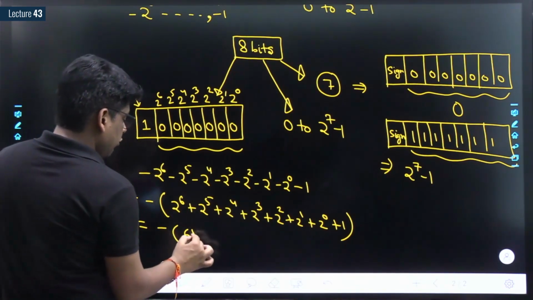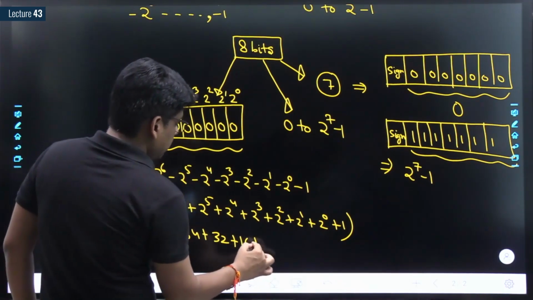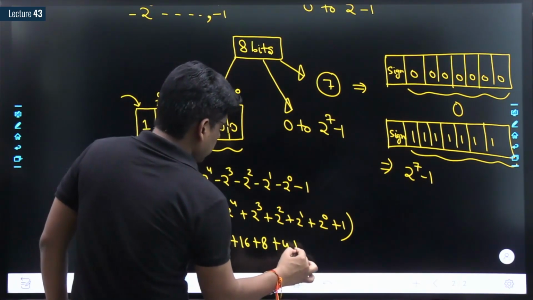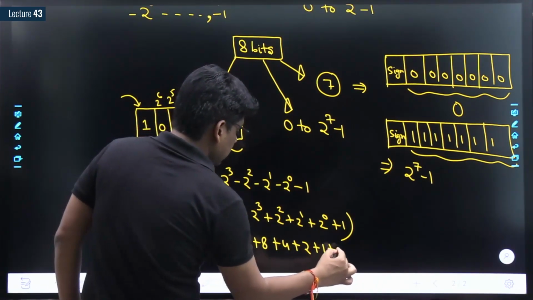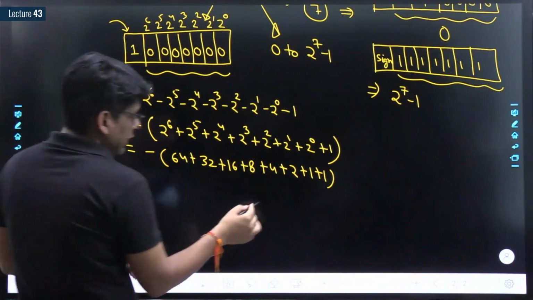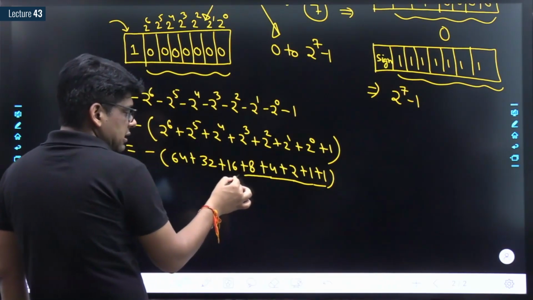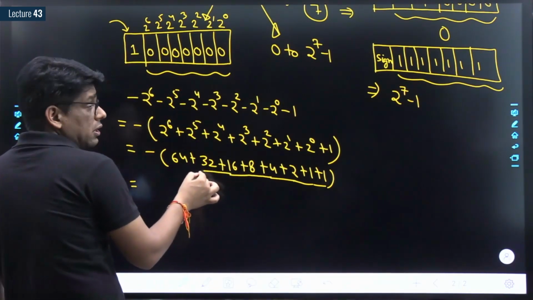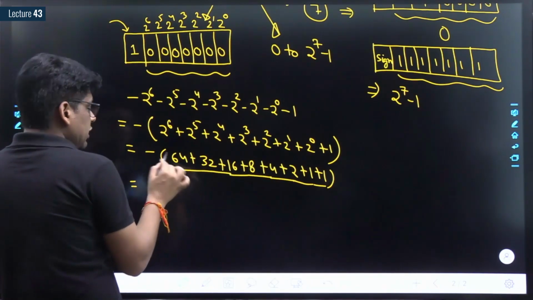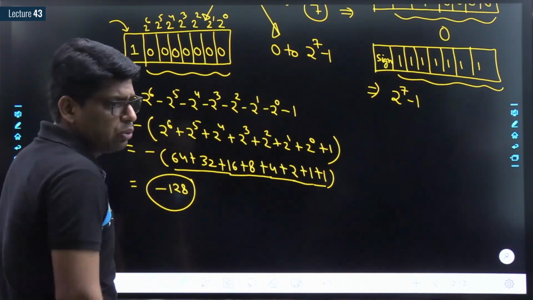Minus of 64 plus 32 plus 16 plus 8 plus 4 plus 2 plus 1 plus 1. What is the value? 2 plus 2 is 4, 4 plus 4 is 8, 8 plus 8 is 16, 16 plus 16 is 32, 32 and 32 is 64, 64 and 64 is minus 128. This is the first method you can compute.